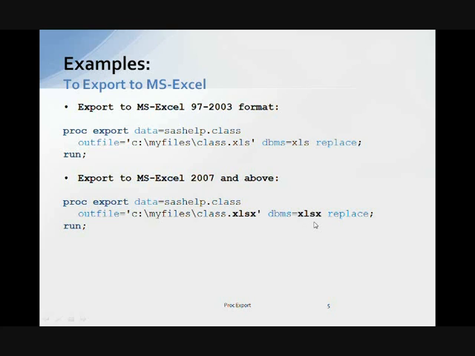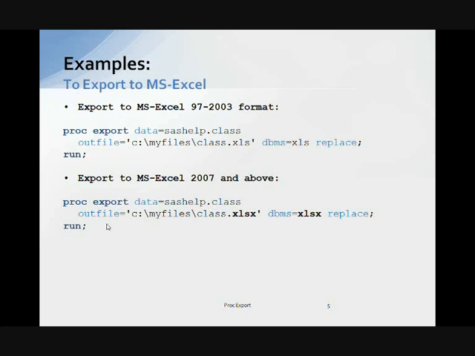Now this procedure we require when we are exporting into the 64-bit format of MS Excel spreadsheet, and this feature is only available from SAS 9.3 and above. If you are using SAS 9.2 or below, I'm not sure whether you can use it. I think you can't. But for sure, if you are using SAS 9.3 and above, you can use this functionality.